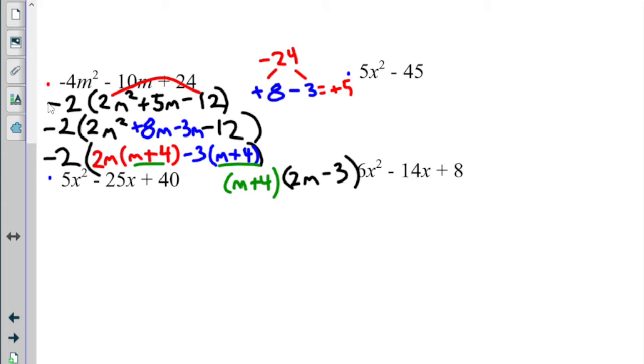And that ends up being our final answer, except don't lose it. The negative 2, don't lose it. Have it out in front at the very end of the problem. If you don't have it out in front, then it's wrong, because you need to be able to multiply and distribute all this out, work backwards, and get back to the original problem.